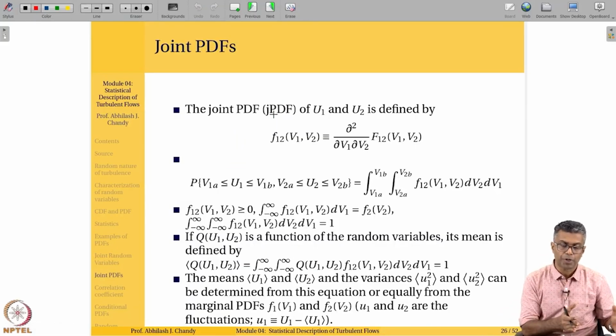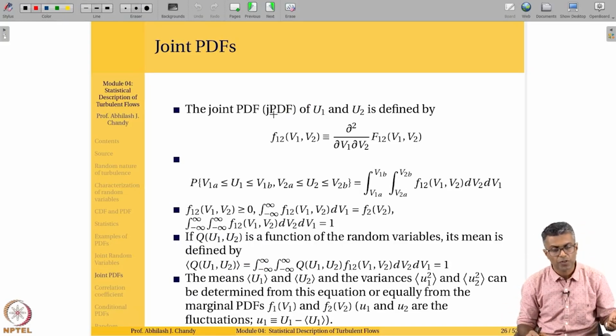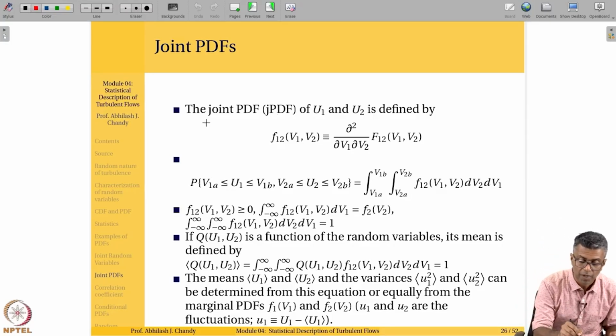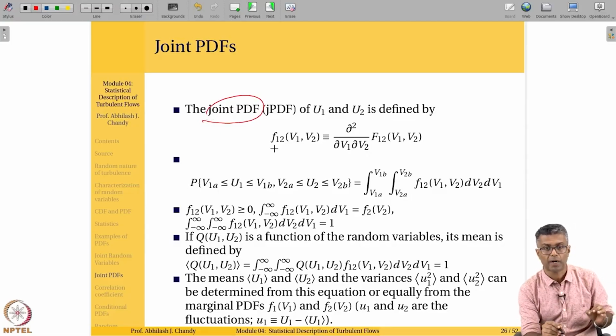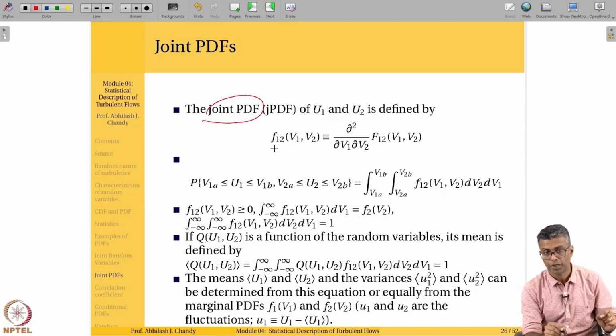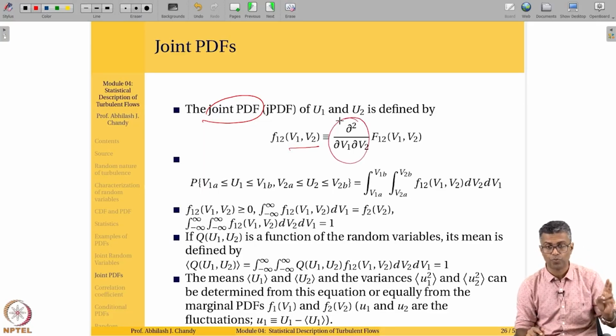So we talked about the joint probability. Now let's move on to joint PDF. Just like we saw for a single random variable, the PDF is the derivative of the CDF, the derivative of the probability. So now you will have a joint PDF, JPDF, denoted by this lowercase f. You still have the subscript 1, 2 indicating that it is a joint PDF and it is a function of V1 and V2, which is now a double derivative because you have two variables.